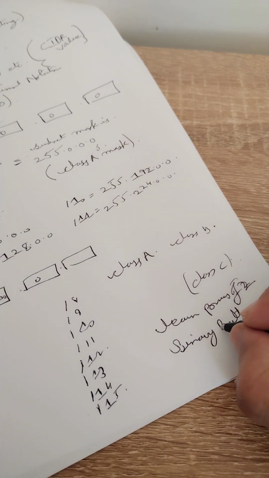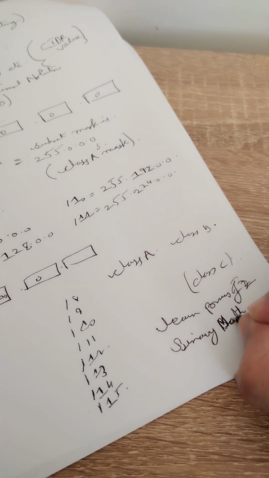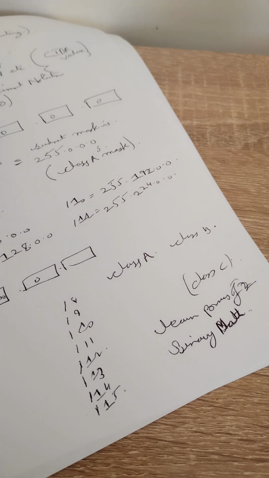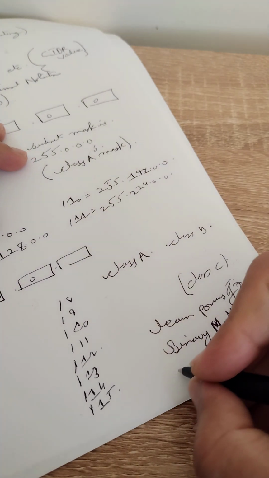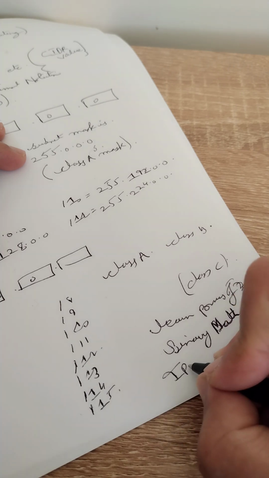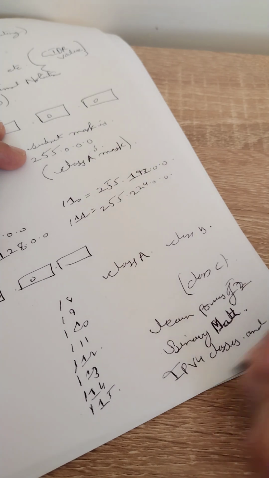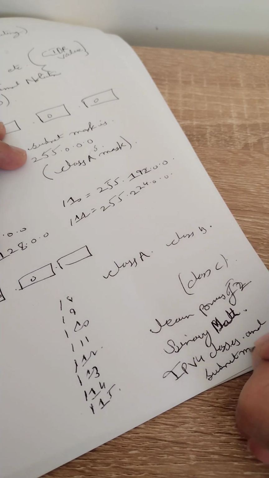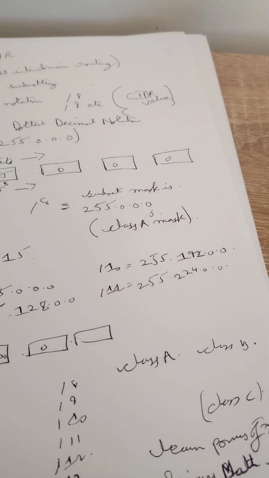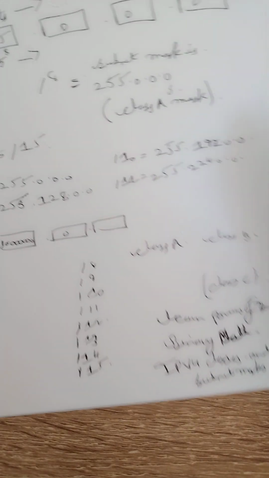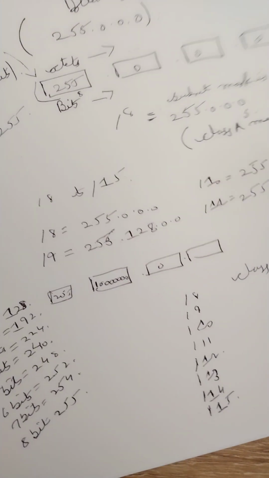So learn powers of 2, binary math, and of course IPv4 classes and subnet masks. This is basics. If someone wants to learn IPv4 or move their step a little bit into Cisco's or the networking industry, these are quite vital aspects.